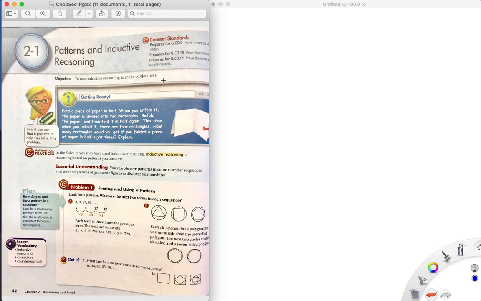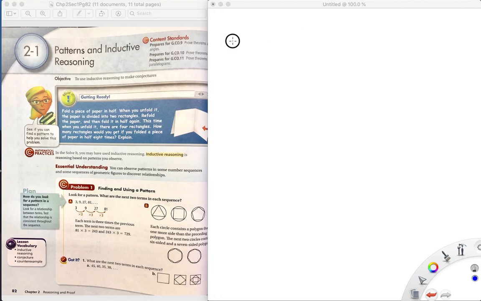The first one they talked about is that of inductive reasoning. Inductive reasoning.